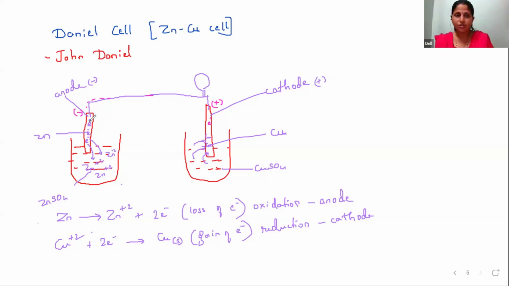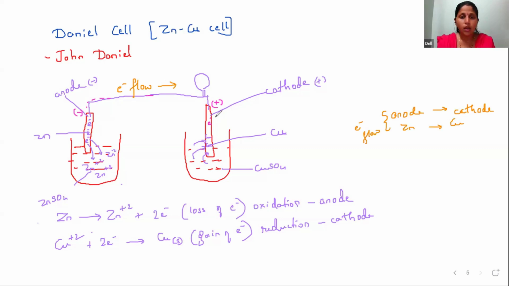Now our concentration goes on to the electron flow. So how is the flow of electrons here? You can see here the electron flow is from anode to cathode. Yes, so electron flow is from anode to cathode. Or to be more specific, I can say the electron flow is from zinc to copper. So this is electron flow. Yes or no?